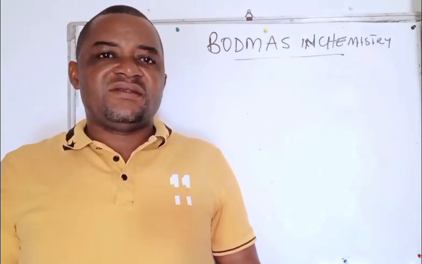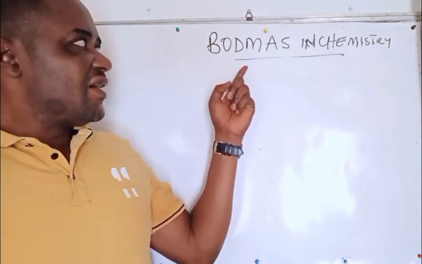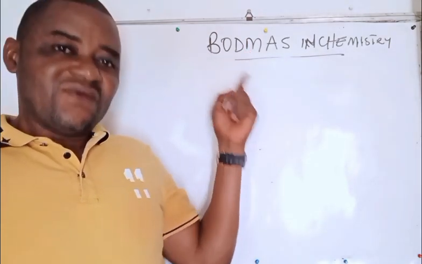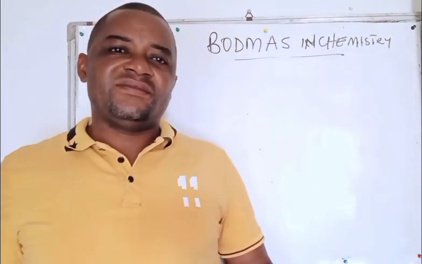Solve those in the bracket. Then see if there is a division, follow that. If there is multiplication, you do it next. If there is addition, you solve that. Then subtraction at the end.